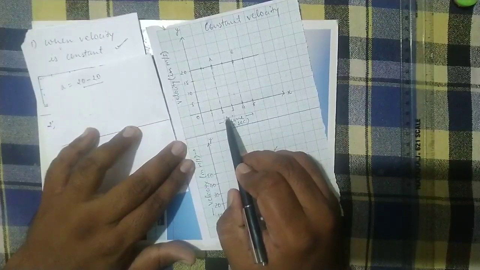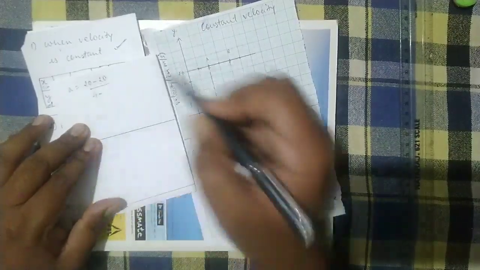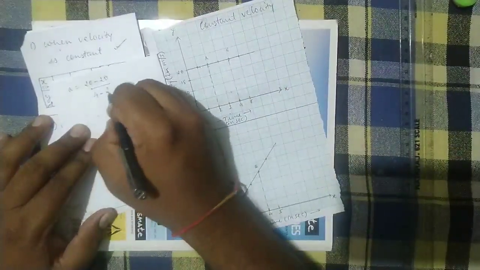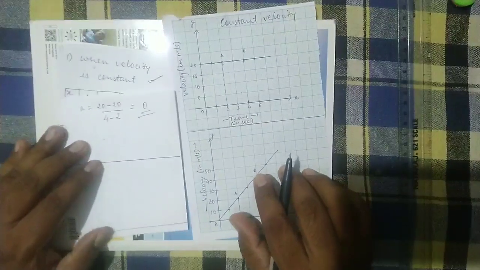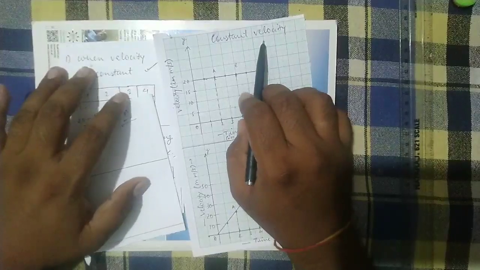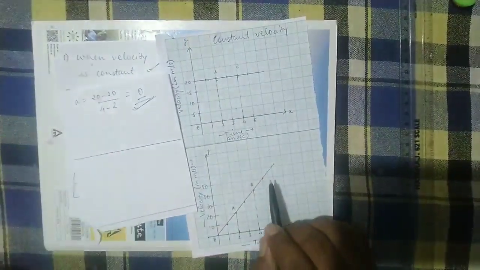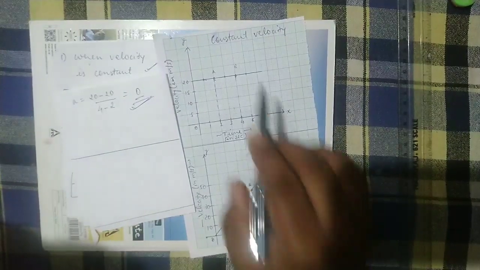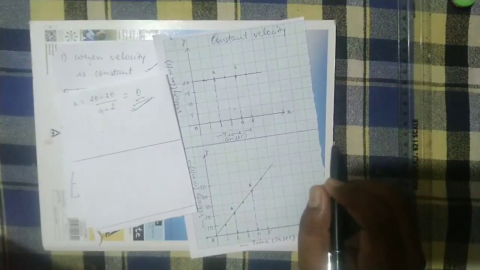The time at B is 4 minus at A it is 2. So 20 minus 20, we can directly see it is 0. So remember this: when velocity is constant, acceleration is 0.